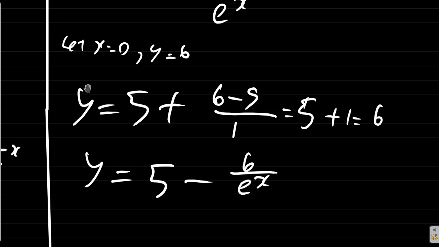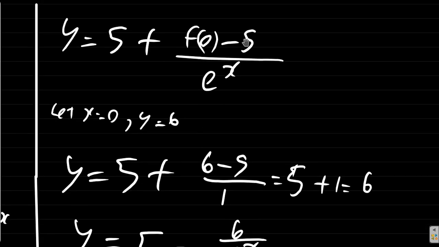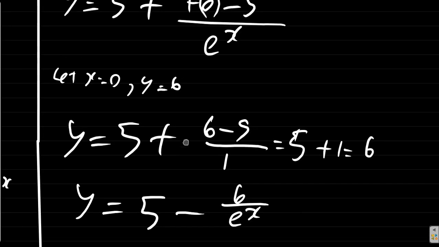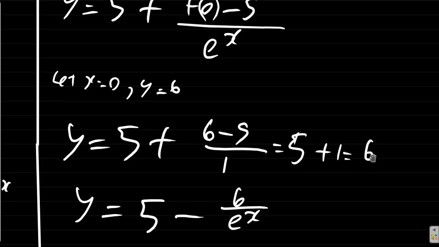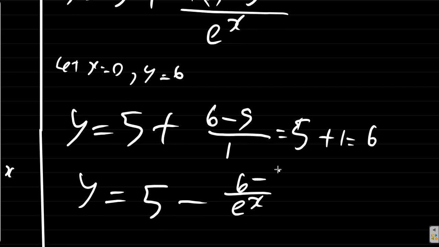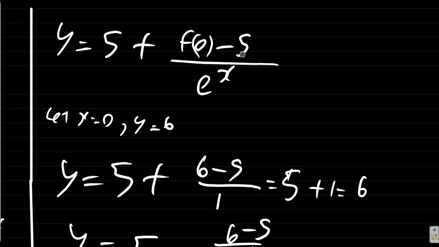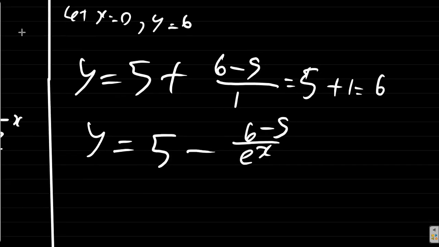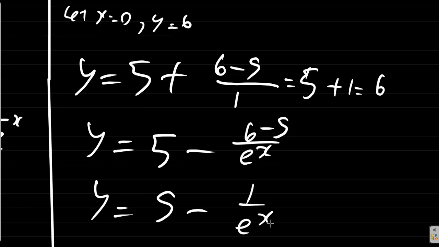Now, when I substitute it, at 0 f of 0 is 6. So up here should be 6 minus 5. I left off this 5 here. So what we get is y is equal to 5 minus 1 over e to the x. So that's what you should have.